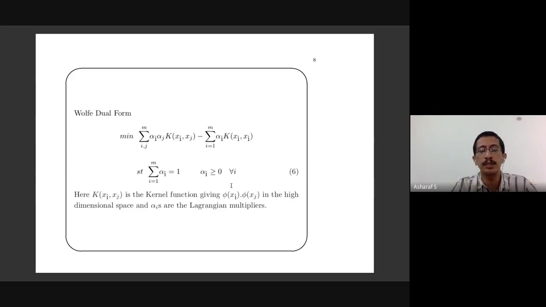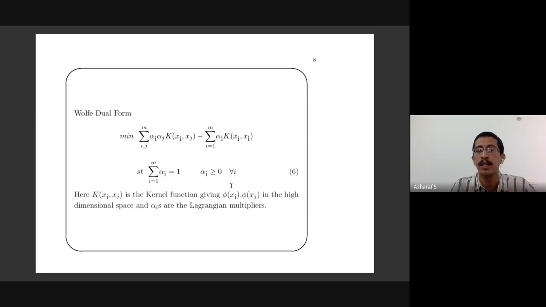We'll come there, right? So all I want to say is, we have defined your MEB learning problem as a primal problem, and you have derived the equivalent Wolfe dual form, and since you have phi of xi dot phi of xj terms, these can be represented by the kernel functions that we have discussed in the last class, which are Mercer kernels. So k of xi, xj is a kernel function giving phi of xi dot phi of xj.